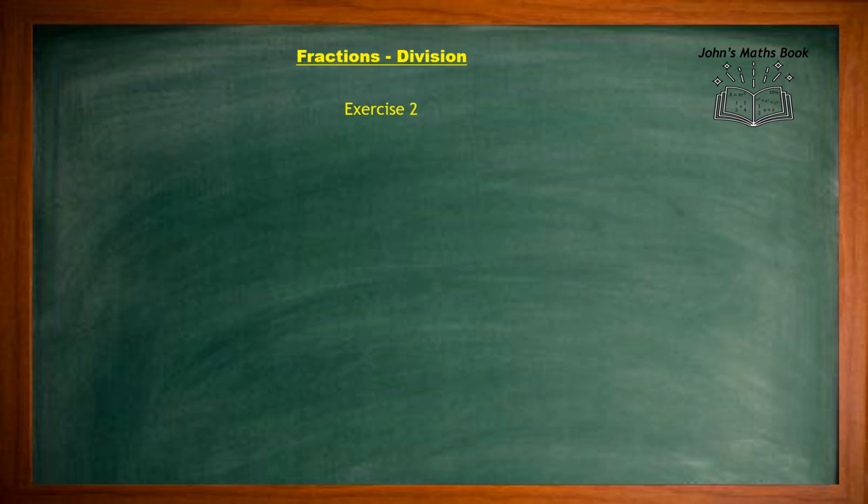For exercise number 2, let's divide 1/6 by 1/7. Pause the video now and see if you can work out the correct answer. We first find the reciprocal of the second fraction. The second fraction is 1/7, so the reciprocal of that is 7 divided by 1.